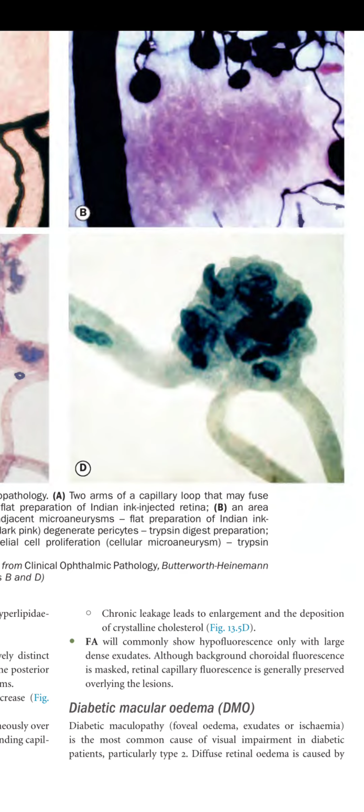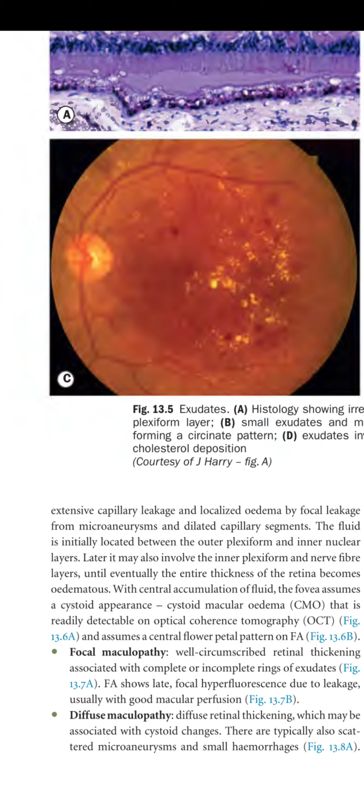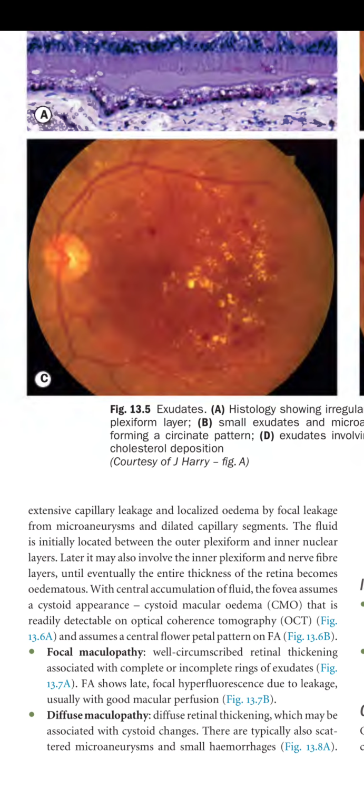Diffuse retinal edema is caused by extensive capillary leakage, and localized edema by focal leakage from microaneurysms and dilated capillary segments. So if there is diffuse edema, it occurs from extensive capillary leakage, and if there is localized edema, it is caused by focal leakage from microaneurysms and dilated capillary segments.